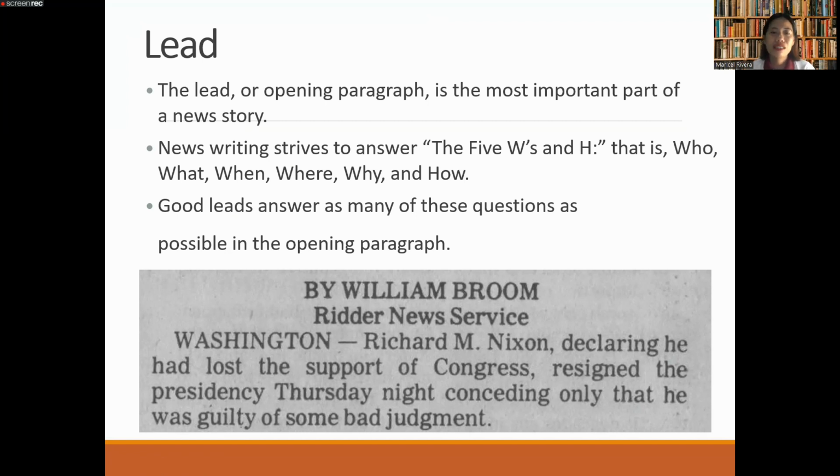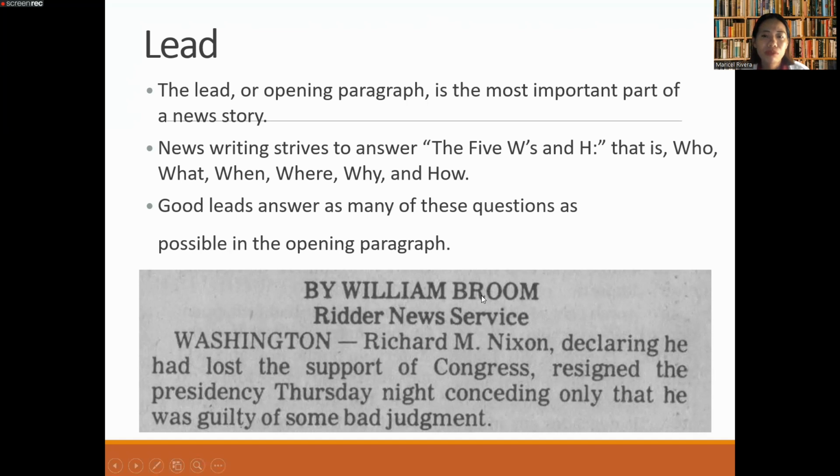Good leads answer as many questions as possible in the opening paragraph. For example, in this article by William Broom, Reader News Service, this is an example of our lead: Washington, Richard M. Nixon, declaring he had lost the support of Congress, resigned the presidency Thursday night, conceding only that he was guilty of some judgment.